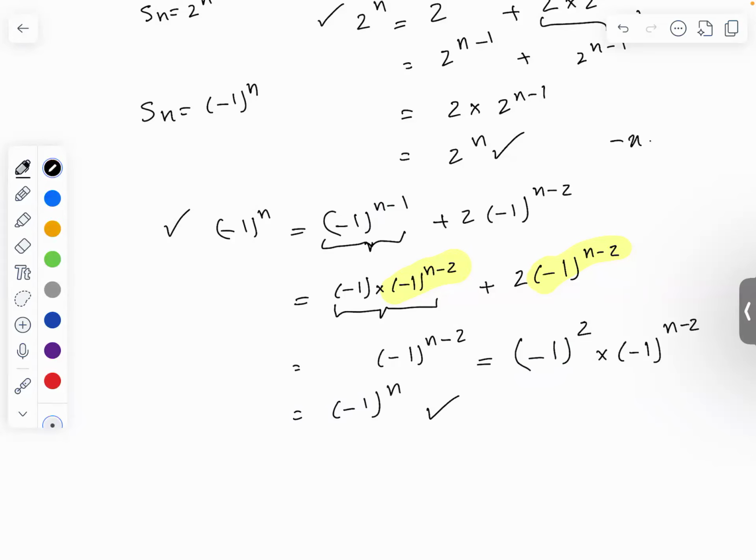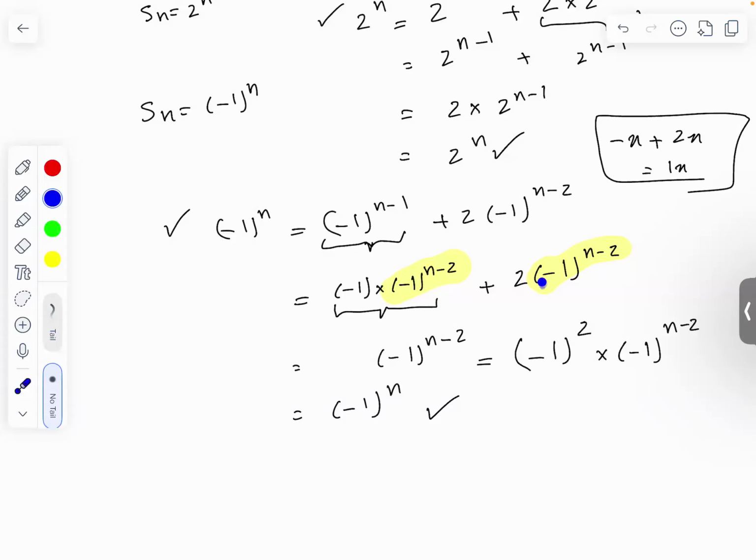Minus x plus 2x is equal to 1x. 2 of this one minus of this one, it is 1 of this. So what is minus a plus 2a? Same as 2a minus a, which is a. Okay.